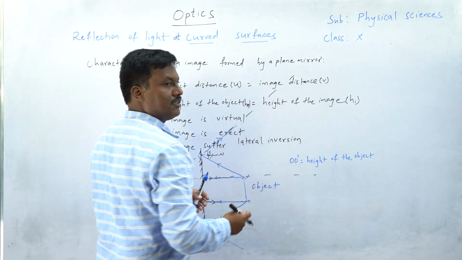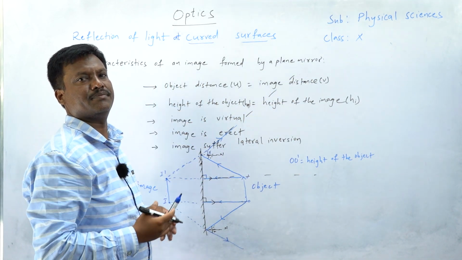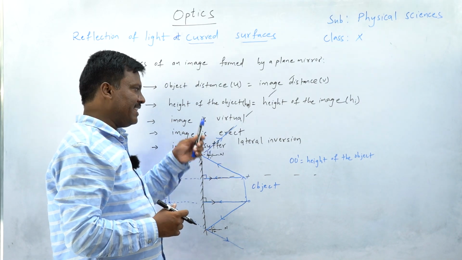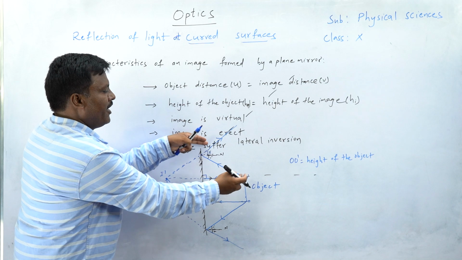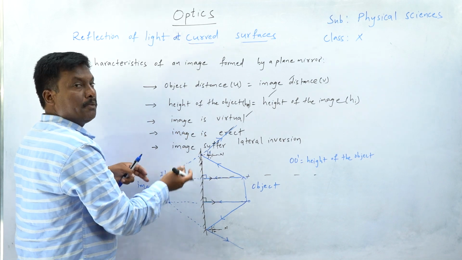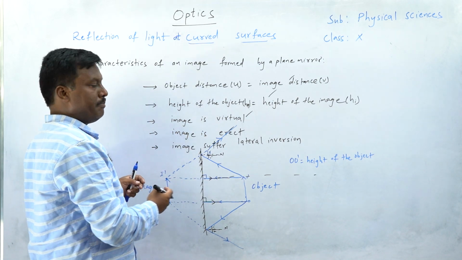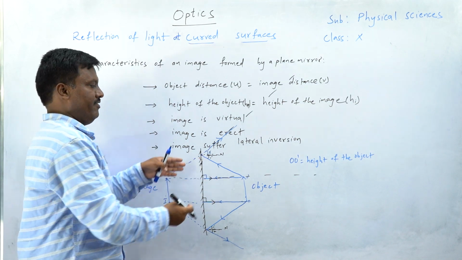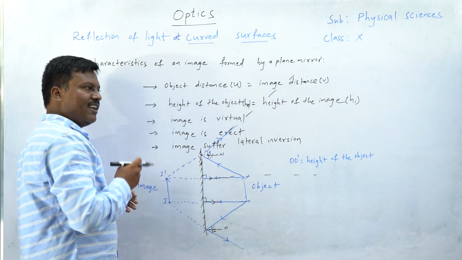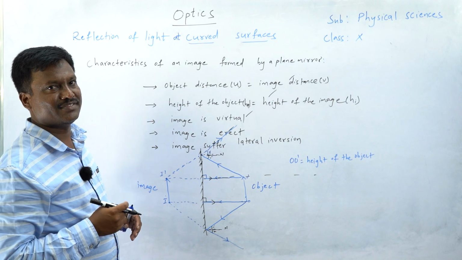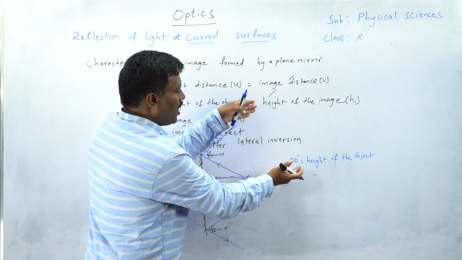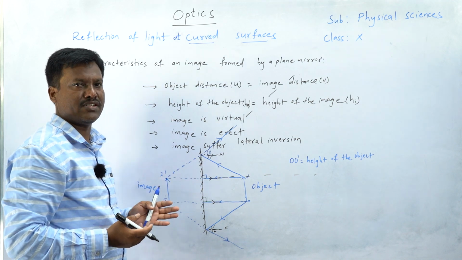Do they meet? There is no chance of intersecting. In this particular case, when we extend them backside of the mirror, behind the mirror, they meet. They are not actually meeting. We are drawing. So is it real? No, it is virtual. So a virtual image is formed due to the diverging of light rays after the reflection.